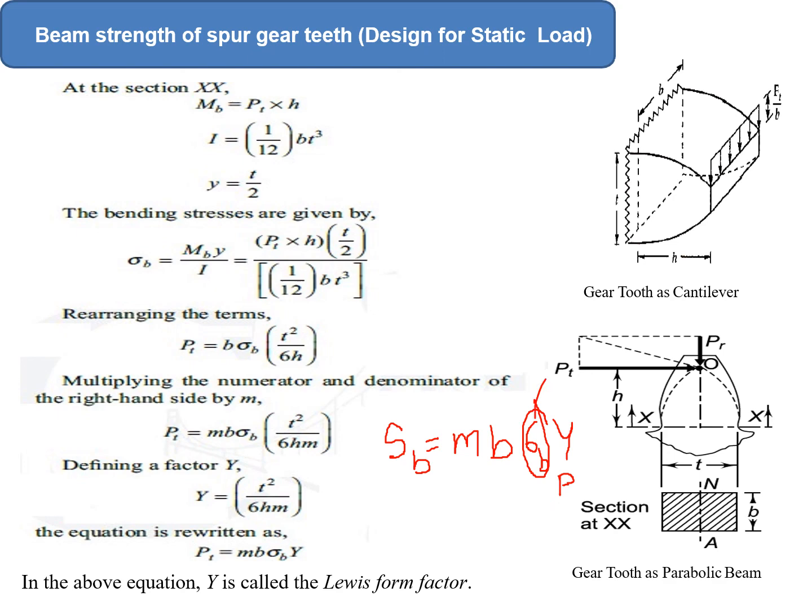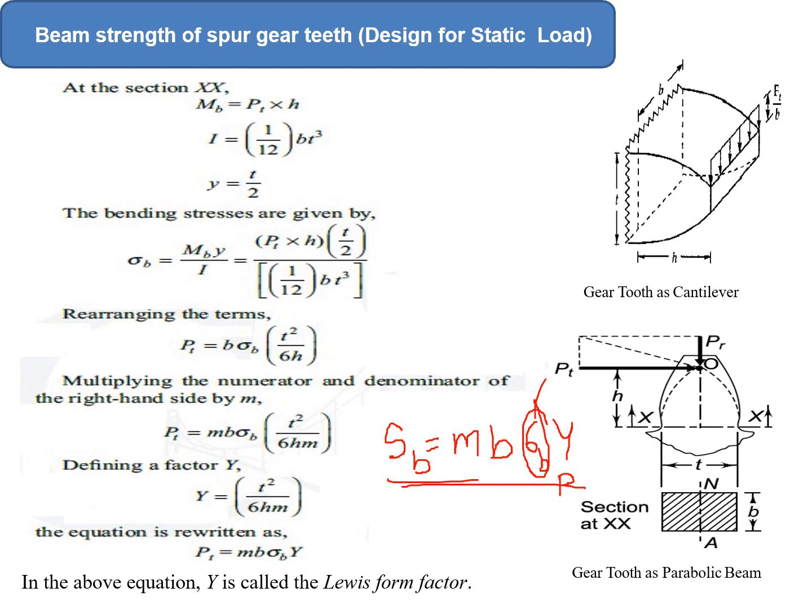When this value is ultimate, then this is the beam strength. So this is the formula for beam strength in terms of module, face width, bending stress, and Lewis form factor. Beam strength is the maximum tangential load the spur gear teeth can sustain without bending failure.